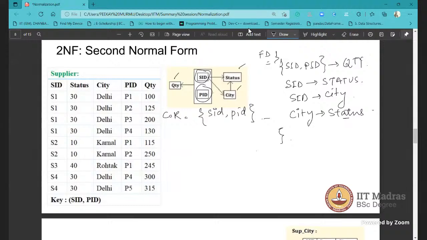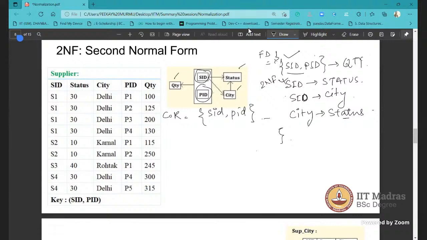So after that, check one by one. Is this a proper subset of a candidate key? No. So that means this is in second normal form. After that, we check whether this is a proper subset of the candidate key. Yes, this is a proper subset of the candidate key, so it violates the second normal form.